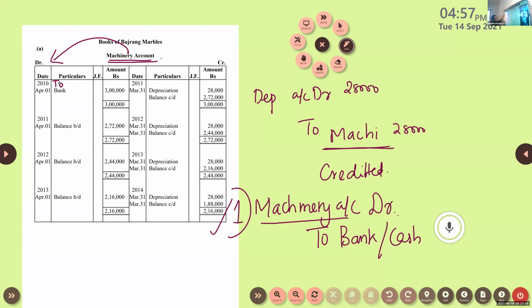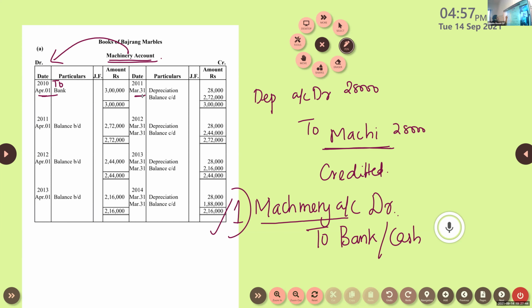So this is the machinery account. The first journal entry is machinery account debtor to bank or cash. Machinery account is debited. Come to the debit side and write to bank, 3 lakh. That is taking place on April 1st. The accounting period starts from April 1st and ends on March 31st.